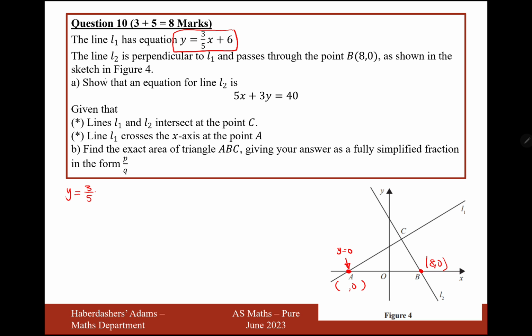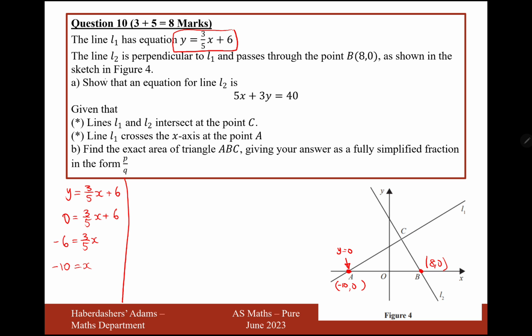So it's going to be y equals 3 over 5x plus 6. Substitute y in for 0. Rearrange the 6 to the other side. Times by 5 and you get 30. Then divide by 3, you get minus 10. Okay, so minus 10 is our coordinate for A.